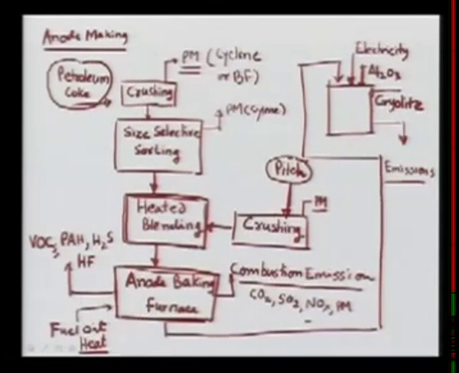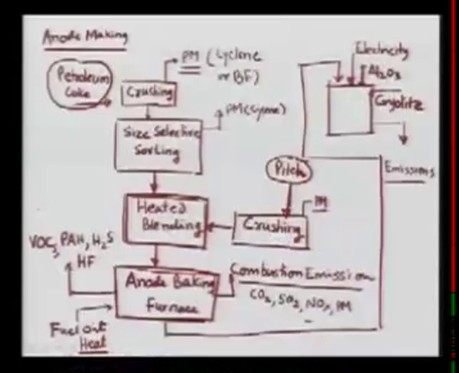Whatever is volatile organic compound, the VOCs, will be emitted. VOCs can be benzene, toluene, or other organic compounds in the volatile phase, which are very, very harmful. You can also emit some PAHs, polycyclic aromatic hydrocarbons. Some hydrogen sulfide can also be emitted, because the coke will have a high amount of sulfur, and the pitch can also have sulfur, as you can see.